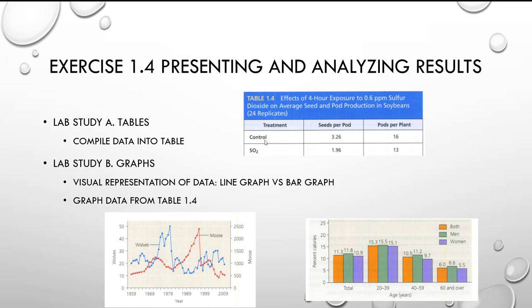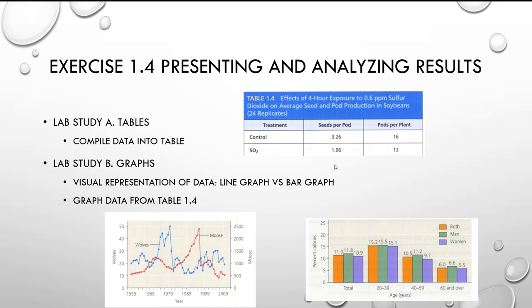It says treatment, so I know there were 2 treatments: a control group, and a group with SO2. They were exposed to nothing and SO2, and then they counted the seeds per pod and the pods per plant. So they were basically growing these plants in the presence of sulfur dioxide versus just regular air.